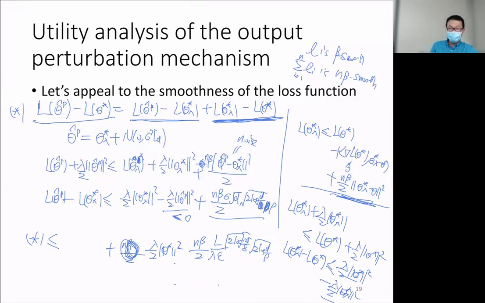Now we can see that lambda appears on the top in the first term, and lambda appears in the bottom of the second term, and we can minimize the bound by choosing this lambda appropriately, right?